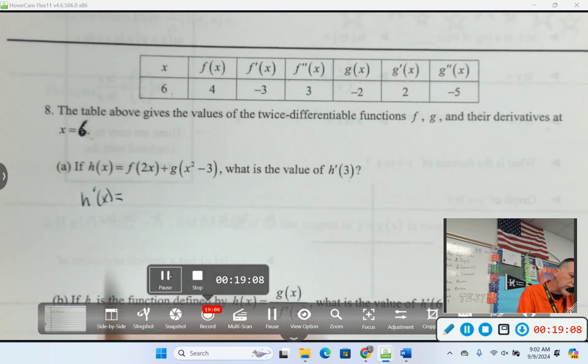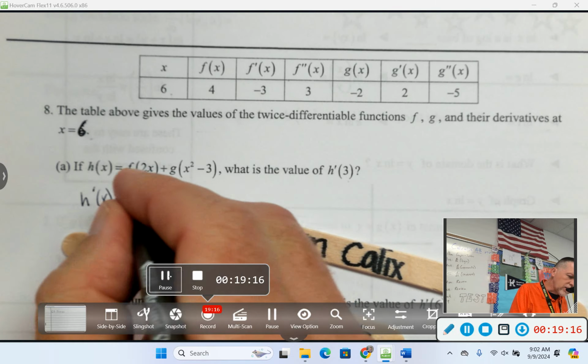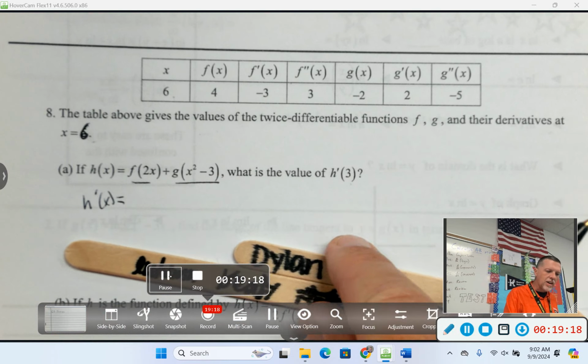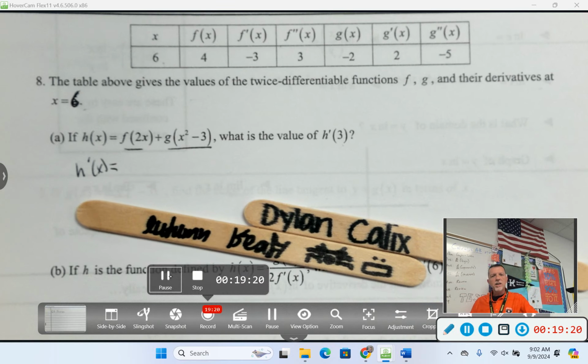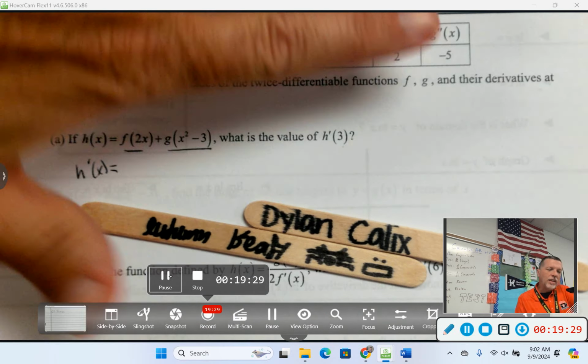Okay, h prime. Let's worry about prime first, then we'll plug in. So we got two things here. Autumn, how about the derivative of f of 2x? And don't plug anything in yet.